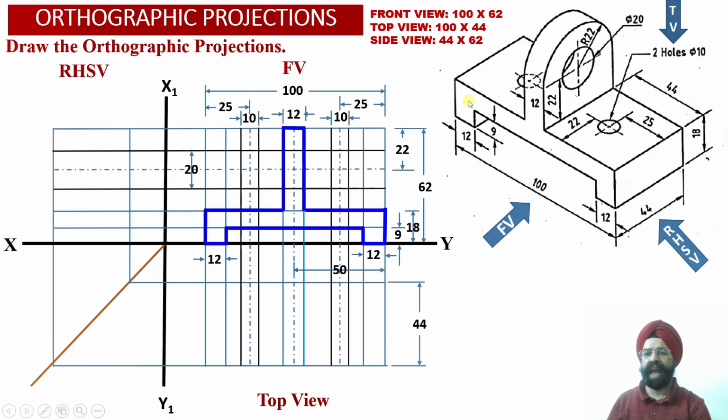Since this surface happens to be parallel to the vertical plane, the observer is able to witness the true shape of this U-shaped surface of the horizontal web, or the element number 1, over here. And now corresponding to this vertical surface, we observe that up to the center point, this rectangular projection up to the center point is also parallel to the vertical plane.